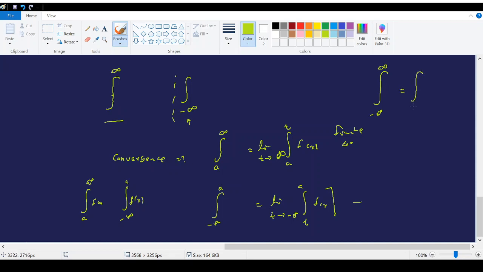And we have this equation as that common point and this one, right? And this common point need not be 0 all the time. Okay, so in the next video we will do some examples related to this improper integral type 1.